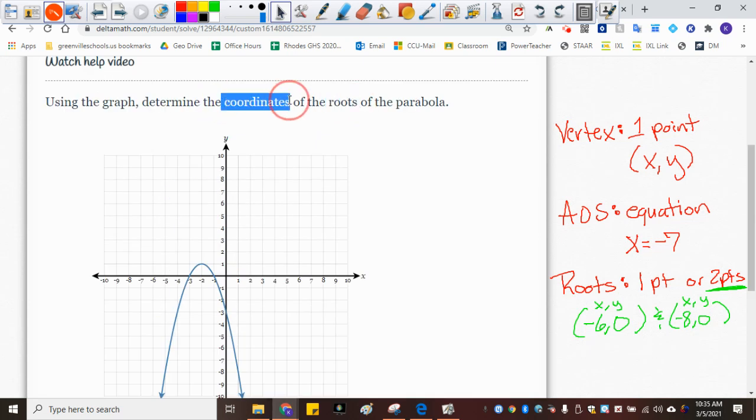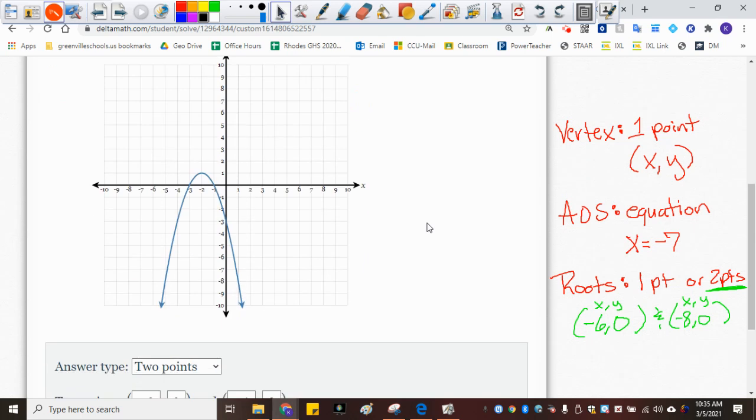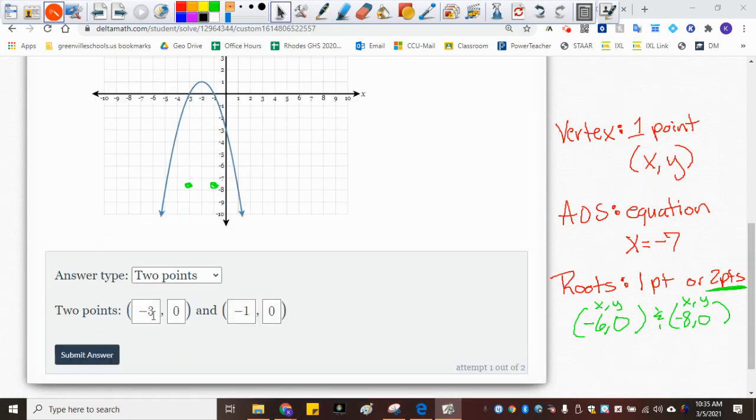It even tells you coordinates of the roots. It doesn't matter, you can put -1 first. You can do -1 here and -3 here. It's not listing them in order. It's just saying what they are.